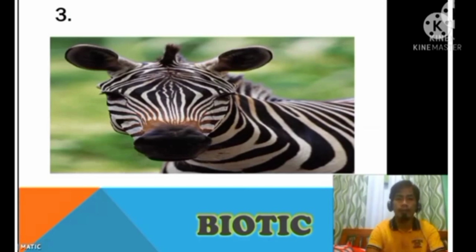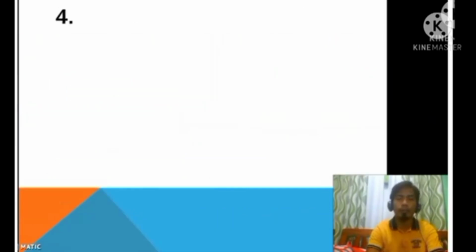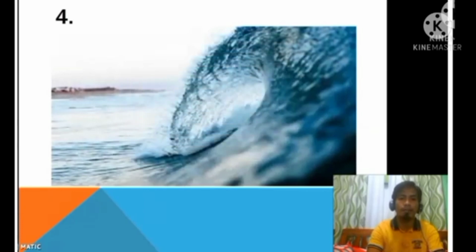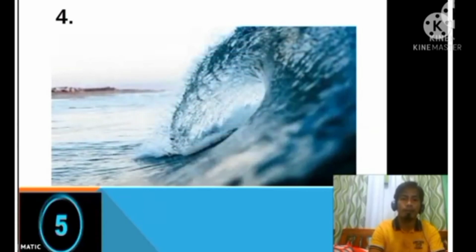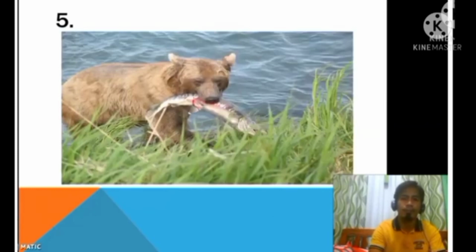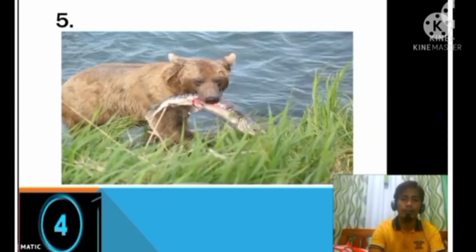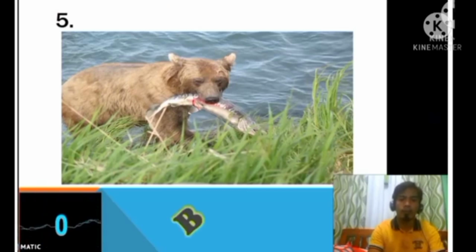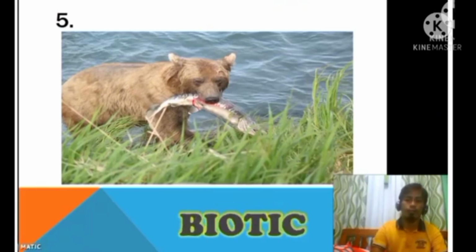The answer is biotic. Number 4. The answer for number 4 is abiotic component of the ecosystem. And number 5. The answer is biotic component of an ecosystem.